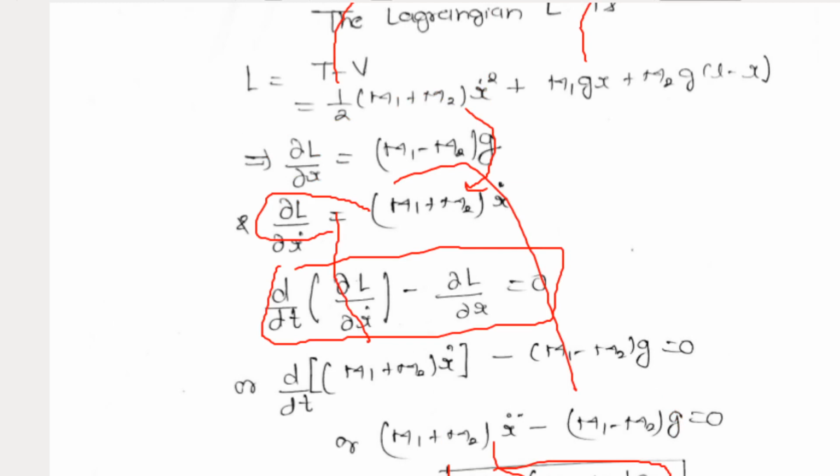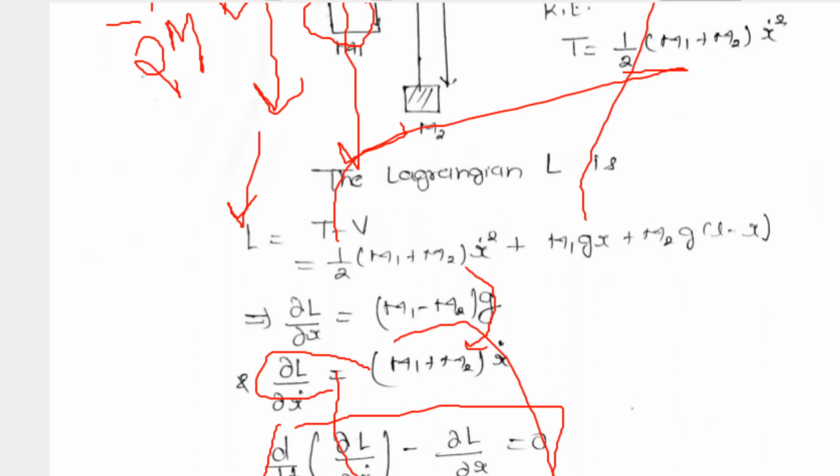If m1 is greater than m2, this acceleration, the double time derivative of the position, comes out to be positive. This is our positive direction, because when we go downwards x takes positive values. It is very intuitive, because if this mass is larger than this mass, it will go down. So this is the direction of the acceleration.